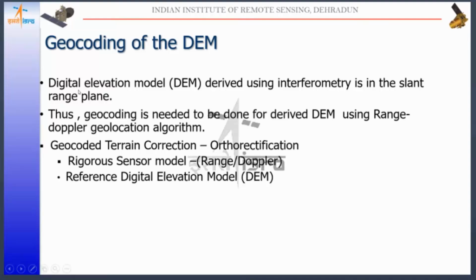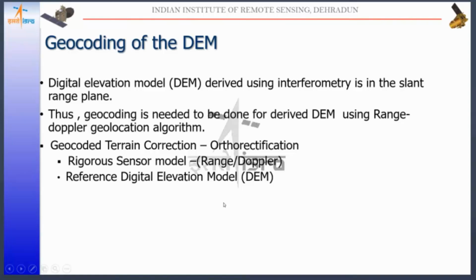Then geocoding is needed for the derived DEM using the range Doppler geolocation algorithm. As I told in the last lecture, the range Doppler geolocation algorithm has three equations: the range equation, the Doppler equation, and the earth equation. And if you want to do the orthorectification of the DEM, then we should have one reference DEM also.